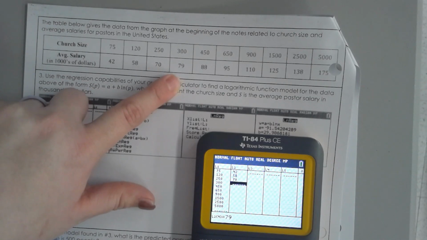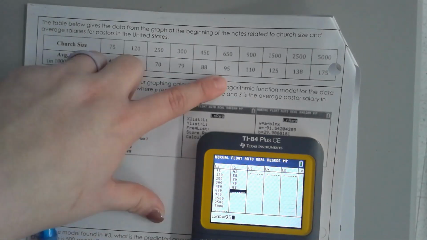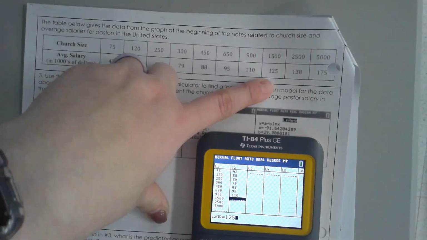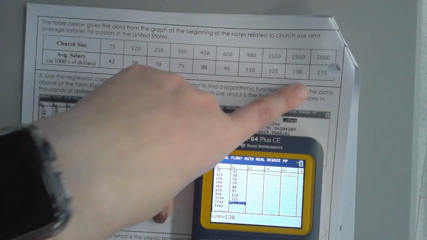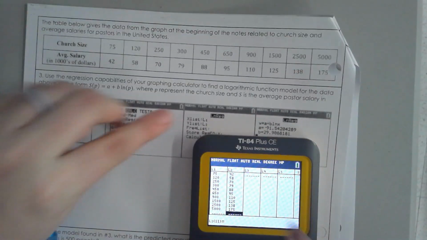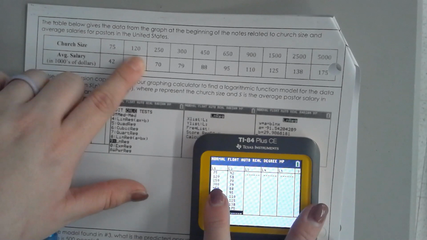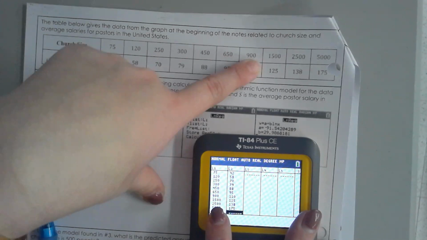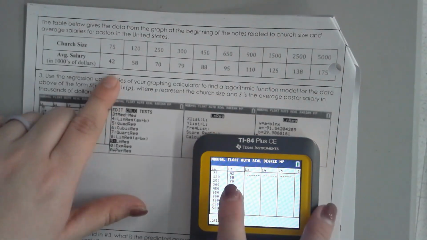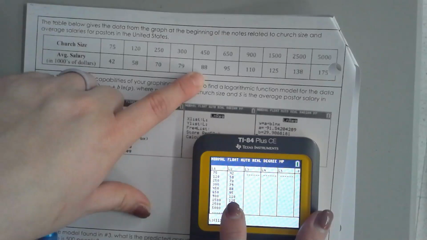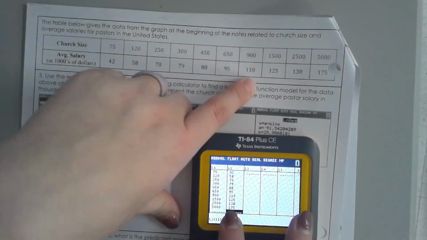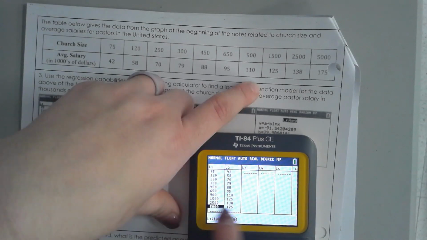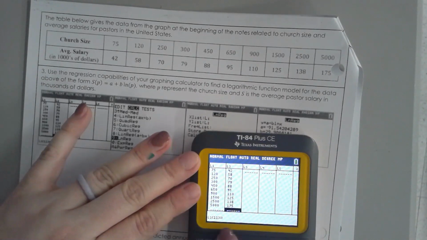So you need to make sure, especially if you have lots of numbers like this, that the data is correct.